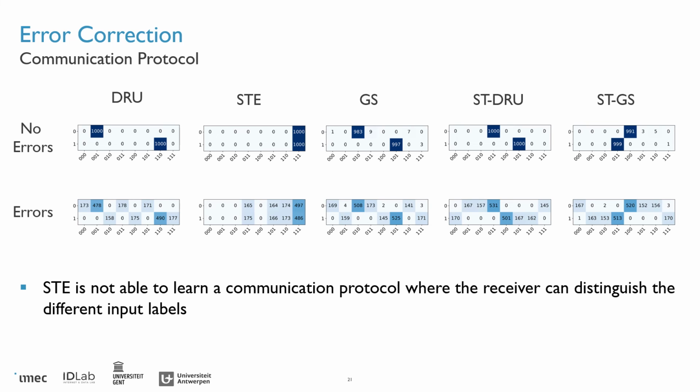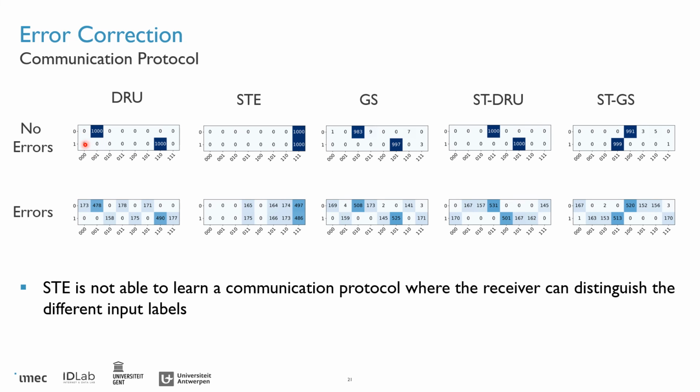So what you can see right here is the communication protocol before errors are applied and after errors are applied. On the y-axis, you can see the two possible input labels, 0 and 1. And on the x-axis, you can see each of the possible messages using 3 communication bits.